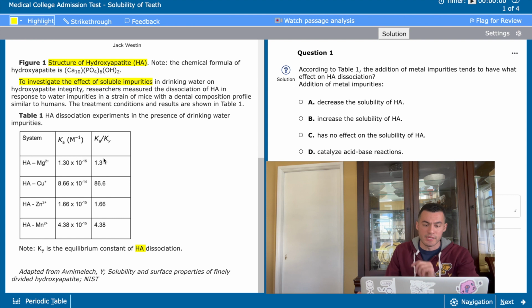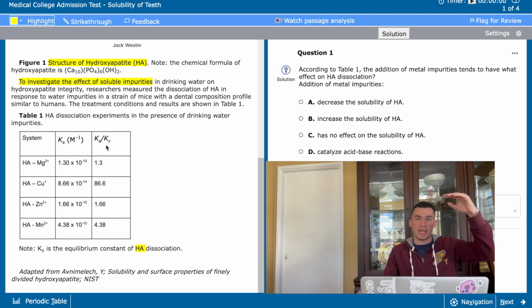And a thing I want to note right here is this value on the third column, Ka over Ky. They're essentially dividing Ka by Ky. The thing I want to note to you all is to be in agreement with this.